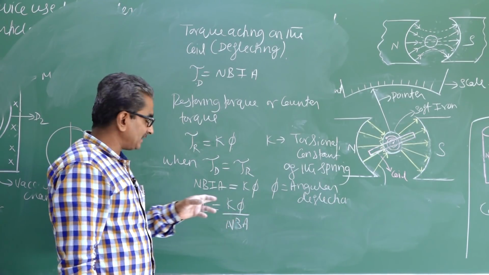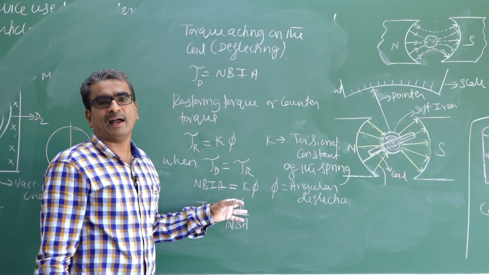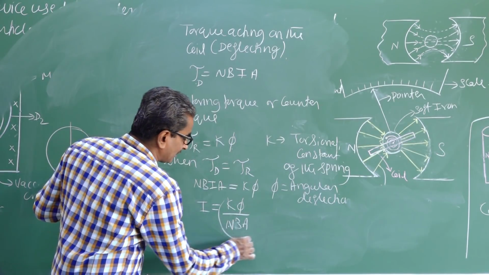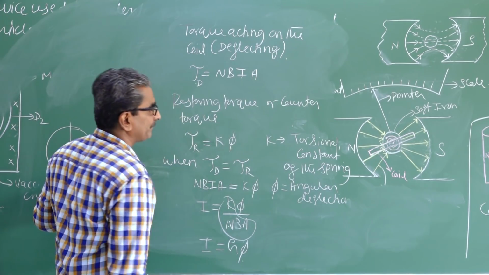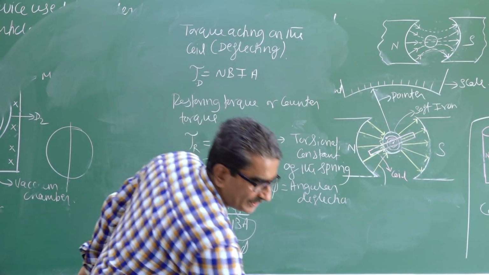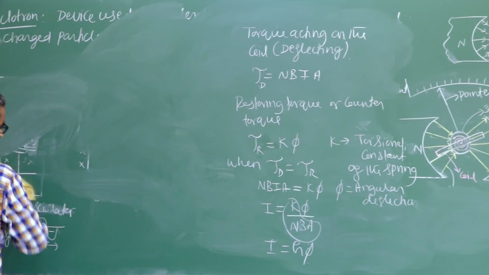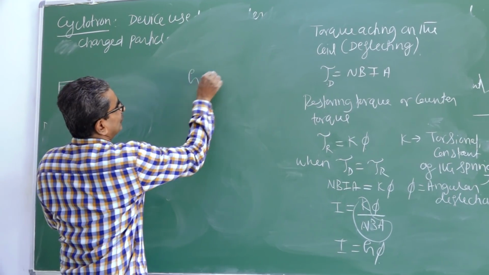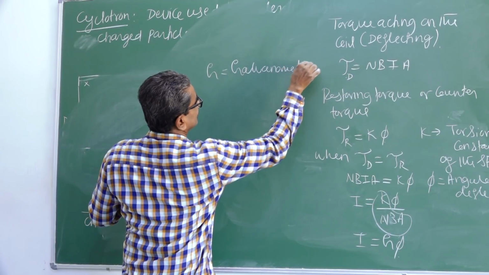Phi. Because if current is changed, angle of deflection of the coil also changes. So all these are constant terms. So I can write this as I equals G into phi. Then what is this G? This G is known as galvanometer constant.